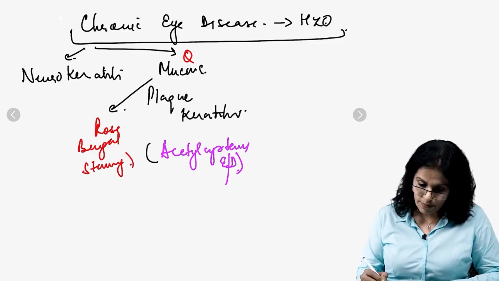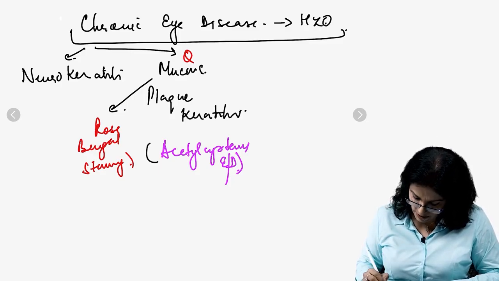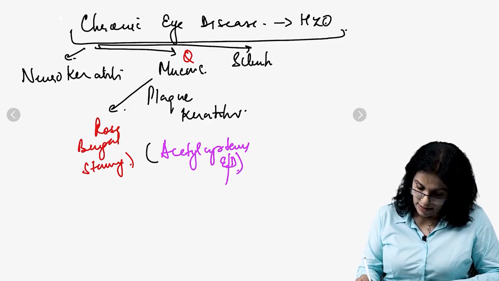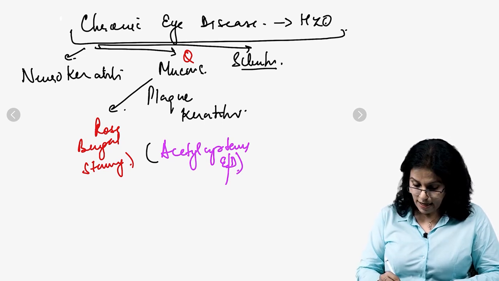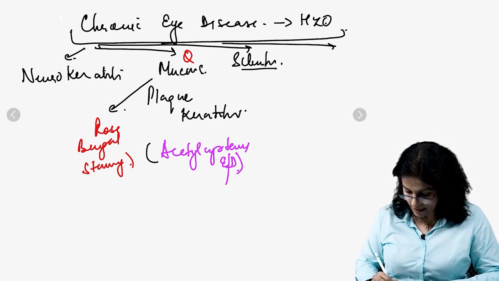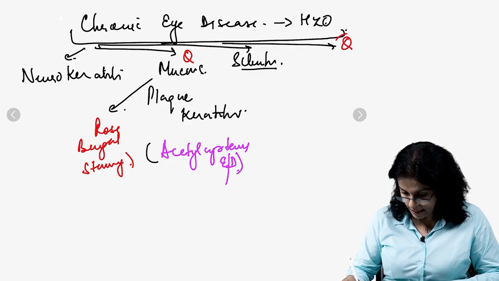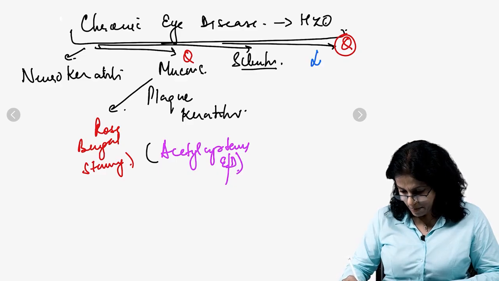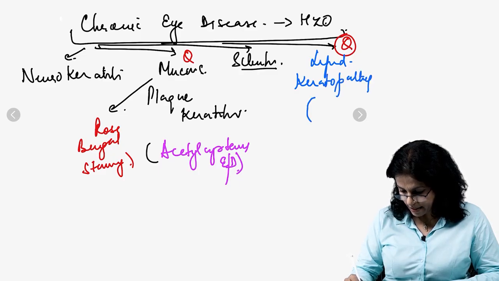Right. Apart from that, of course, what next you can get is scleritis and episcleritis, and lastly, very important again an exam question, lipid keratopathy. Now, what is lipid keratopathy here? Lipid deposition on the cornea. Okay, irregular deposition of lipid on the cornea is lipid keratopathy, right?